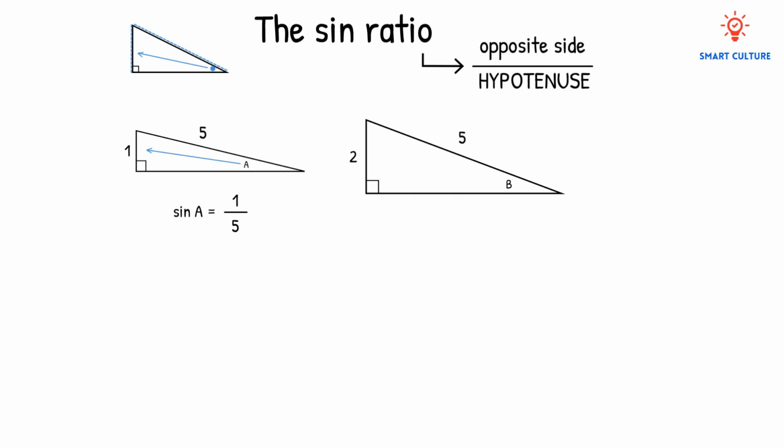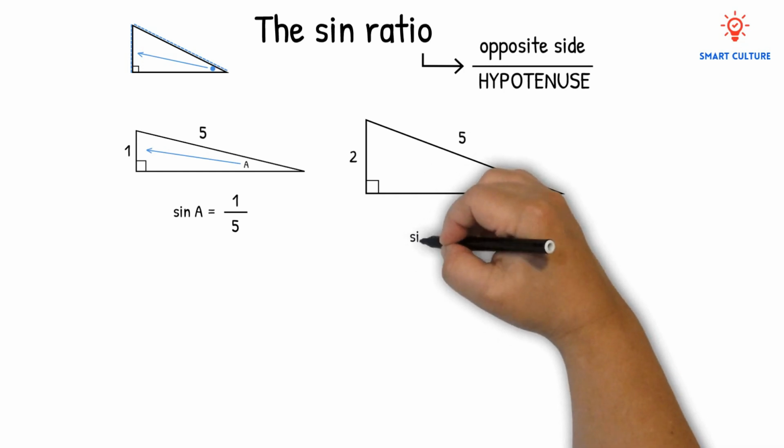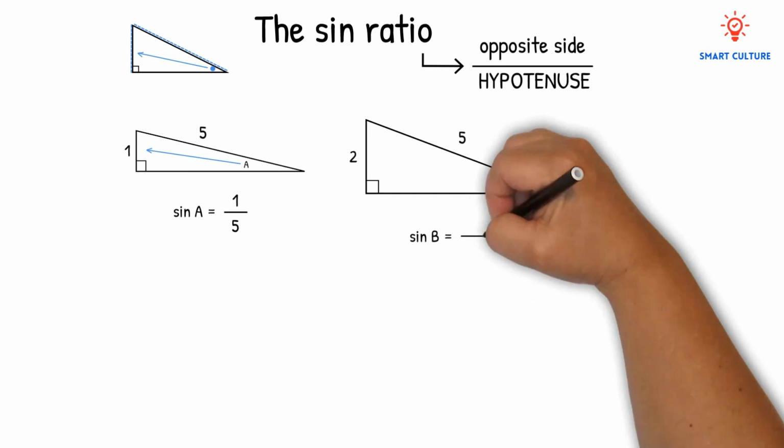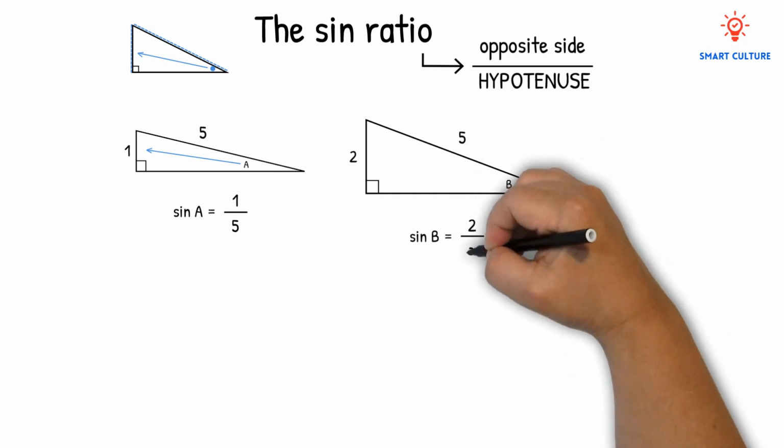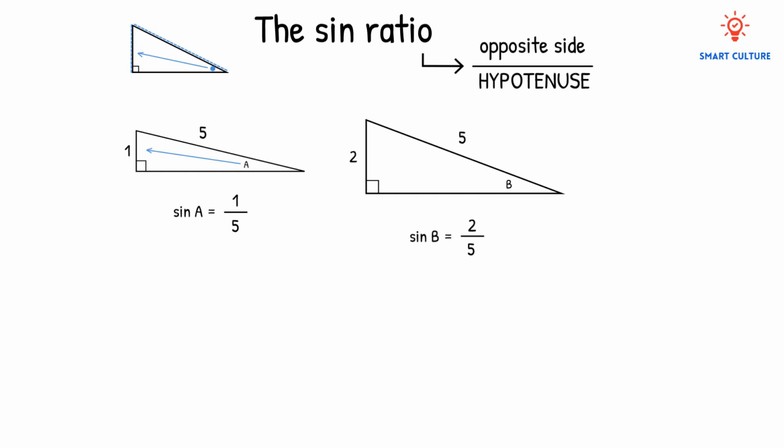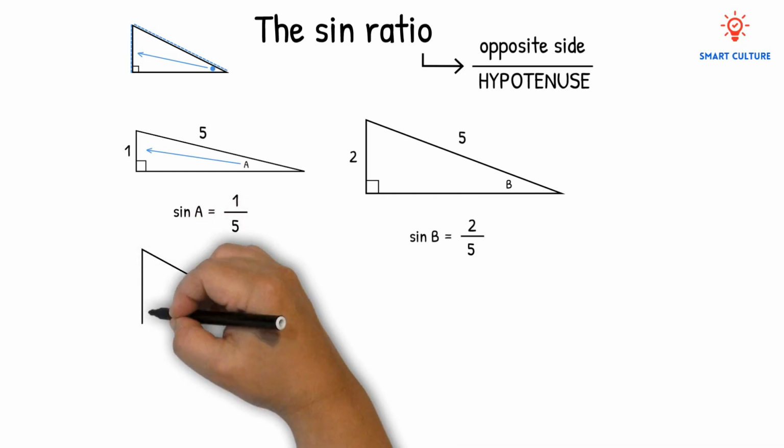So here we have angle B. Now for B, the sine of B is equal to 2/5. So the side opposite angle B is 2/5 the length of the hypotenuse. This means angle B is larger than angle A, giving us a longer side opposite it. What about the next triangle?